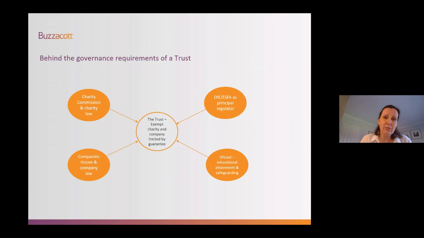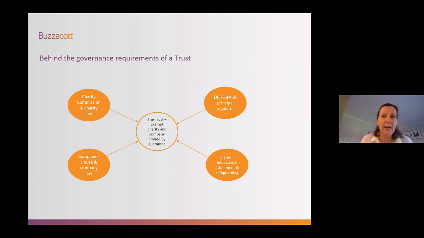But because the trust is an exempt charity and a company limited by guarantee, you also have to comply with charity law. The Charity Commission has a lot of guidance documents here, many of which are replicated within the DFE's guidance as well, but nevertheless the charity side of things is really important for an Academy Trust.